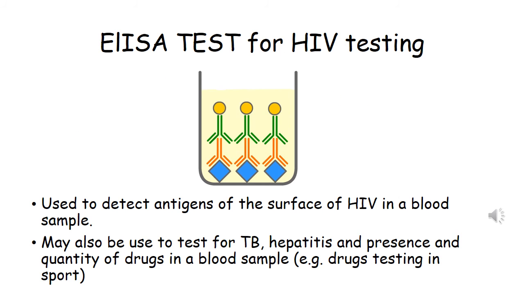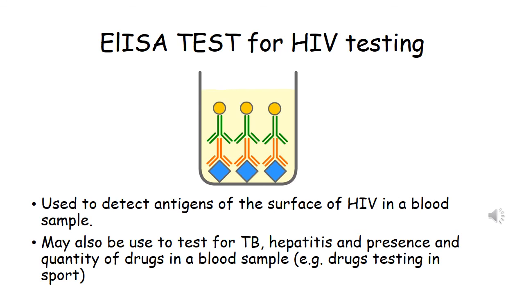So as we have studied a few lessons ago, we can use the ELISA test to test for HIV, using a blood sample of someone who we suspect to be infected with HIV. This antibody detection can be used to identify the presence of antigens of the HIV.